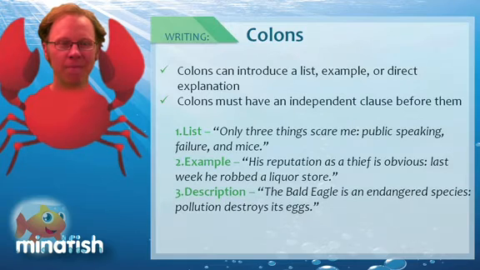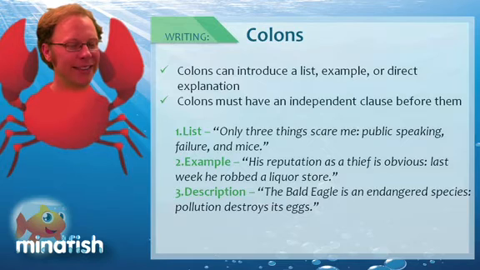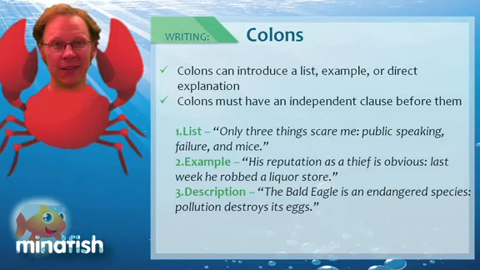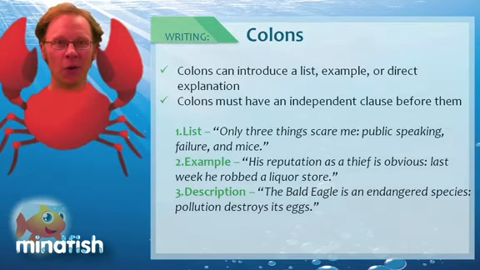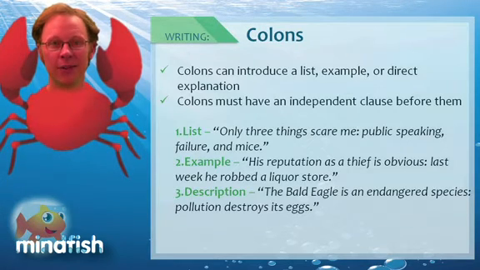And the third one, this colon introduces a direct explanation or description: The bald eagle is an endangered species: pollution destroys its eggs. Notice in all these sentences, the material before the colon is an independent clause, and the material after the colon is a dependent clause or an incomplete sentence on its own. This is the definition of how colons should be used.